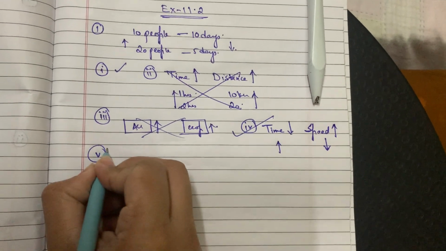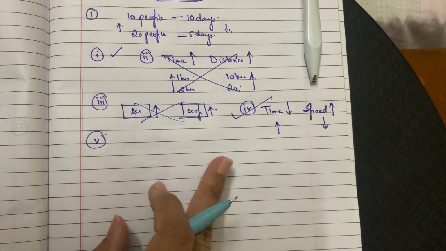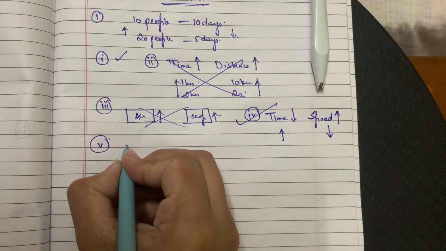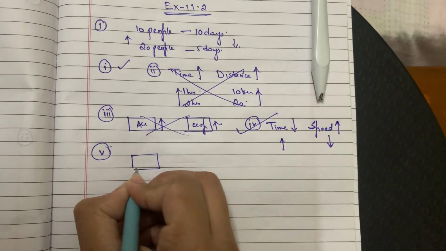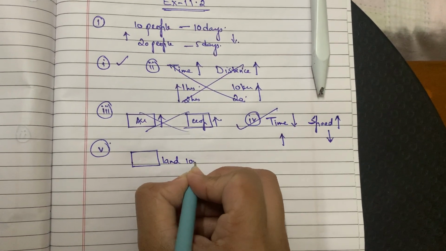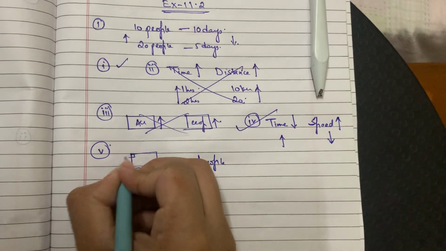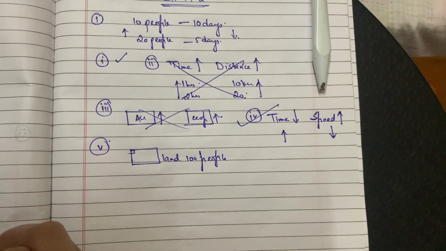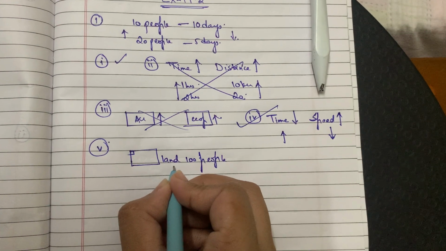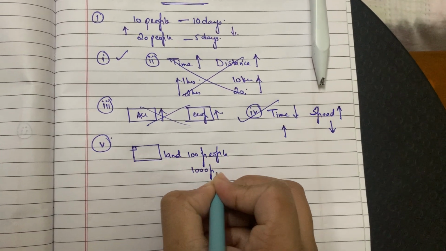Going to the fifth one, the population of a country and the area of land per person. Yes, suppose this much land is there and 100 people live on it. So per person maybe this much land is available. The land is the same, and now 1000 people come.